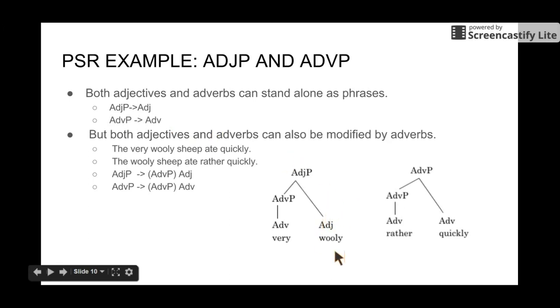And both adjective and adverb can be modified by another adverb phrase. For example, we can have woolly modified by very, very woolly, the very woolly sheep, right? And also quickly can be modified by another adverb phrase as well, rather quickly, right? So we can modify these two rules with an optional adverb phrase.